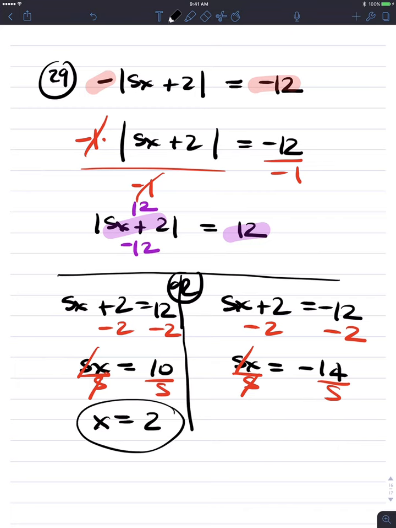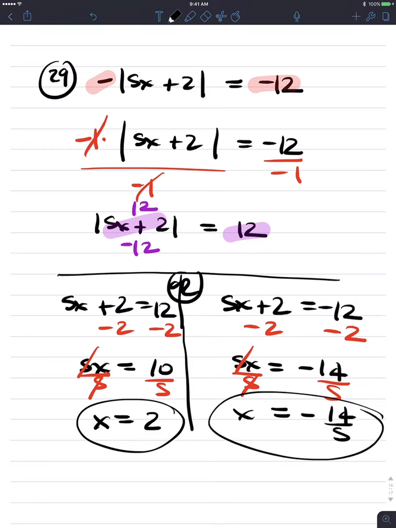So in one case x is 2, and negative 14/5 cannot be reduced. So my solution is 2, negative 14/5. And we're done.